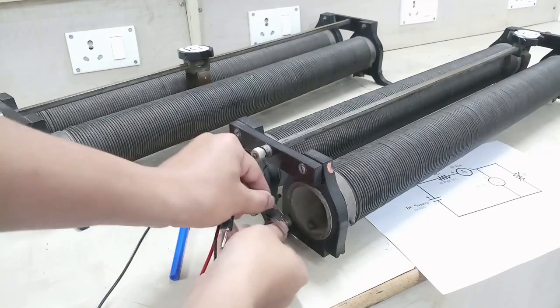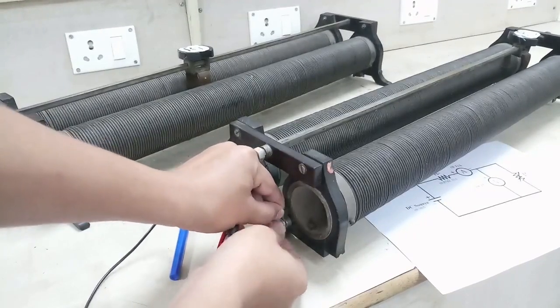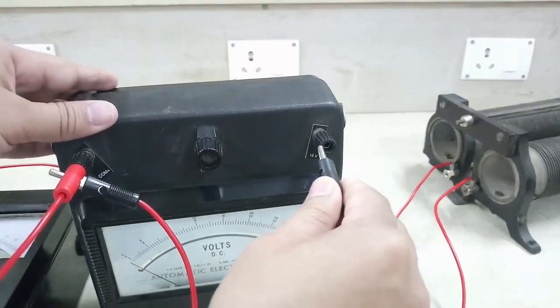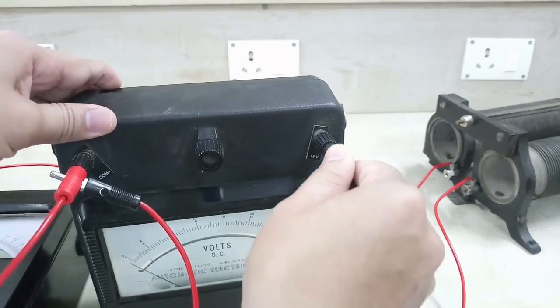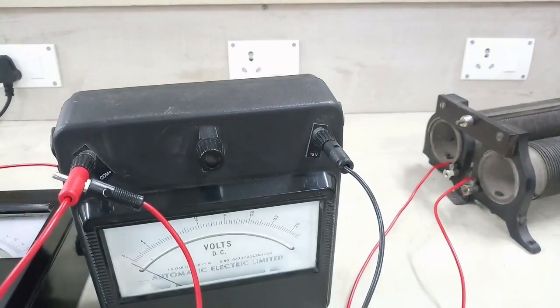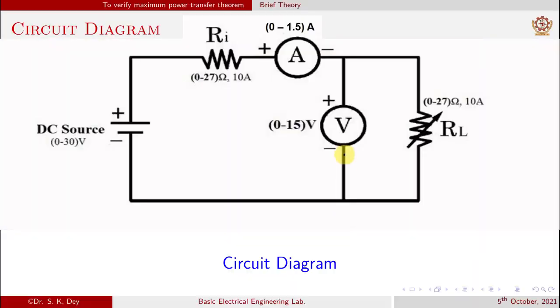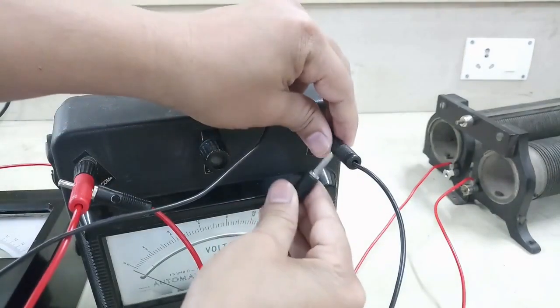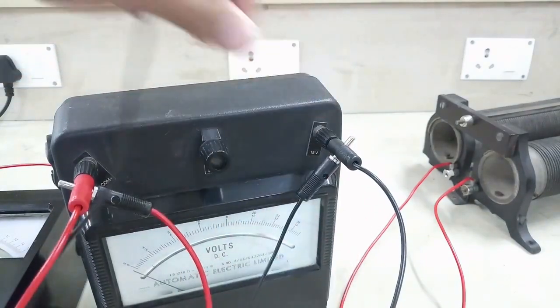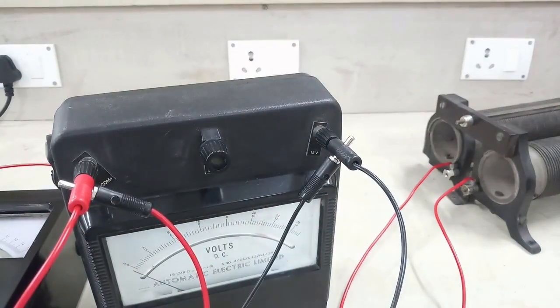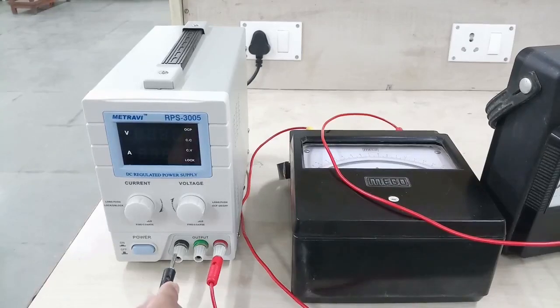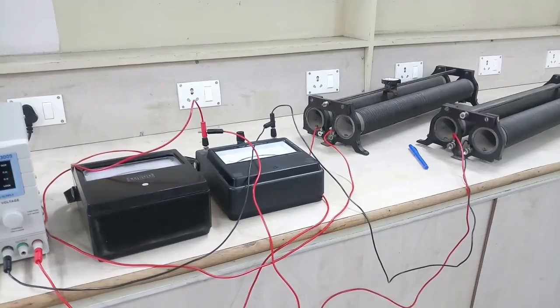Next we will connect from the 15 volt terminal to the negative terminal of this DC source. Here the DC source negative terminal is connected. So as per the circuit diagram, our connection is over.